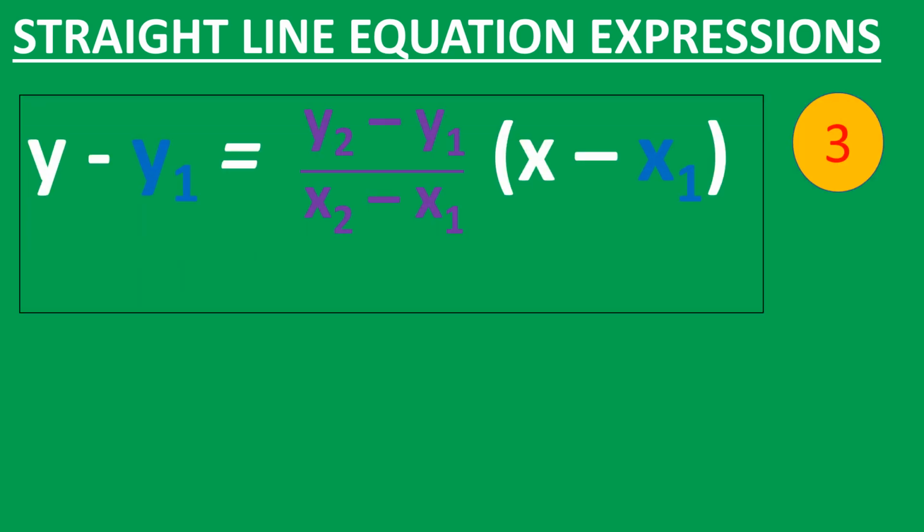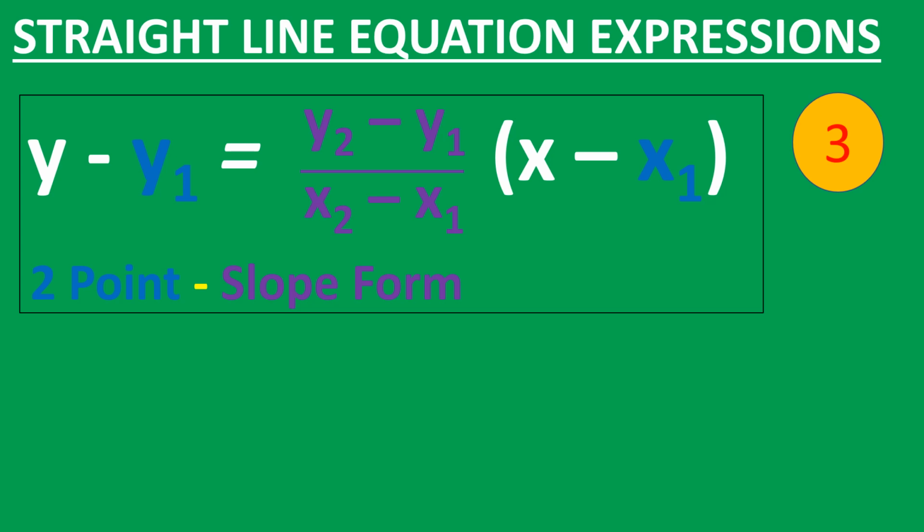The third we'll be looking at is y minus y1 equals y2 minus y1 over x2 minus x1, all into the bracket of x minus x1. Now this time around, you have the two-point slope form of the straight line equation.